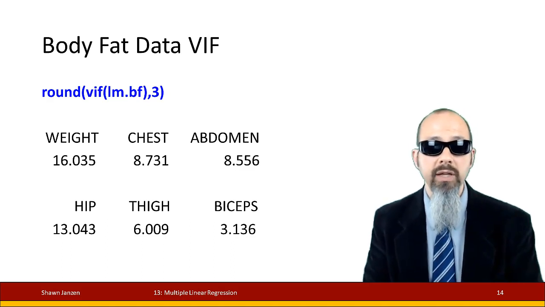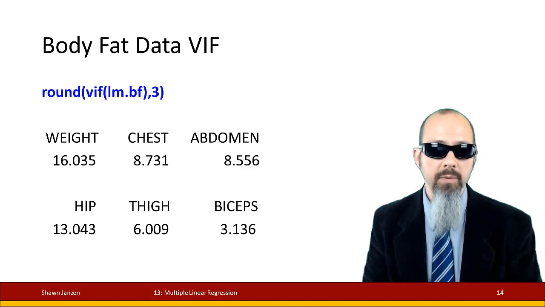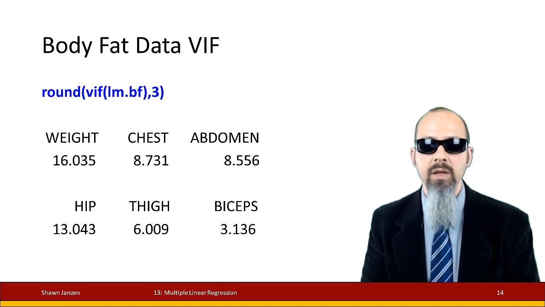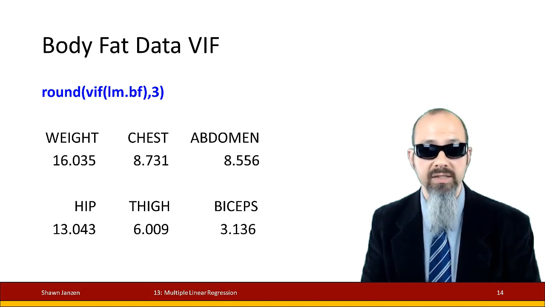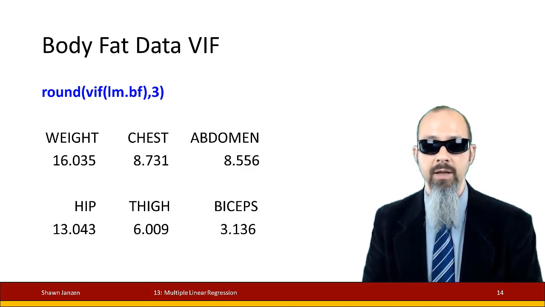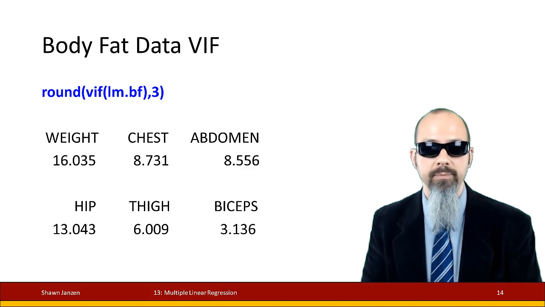When I'm portraying them here on the slides, it's pretty much the same results. I've just put it into 2 rows of output instead of 1. So here we can see that we have each of the 6 variables and 6 VIF scores, 1 for each. Weight has a VIF of 16, chest of 8.7, abdomen 8.556, hip of 13, thigh of 6, biceps of 3.136.